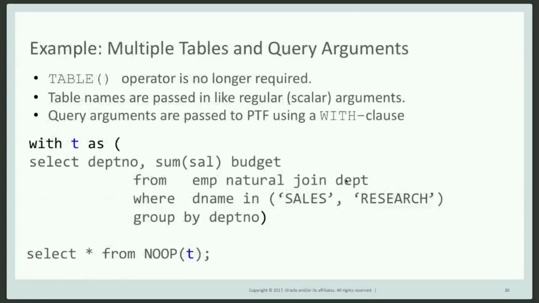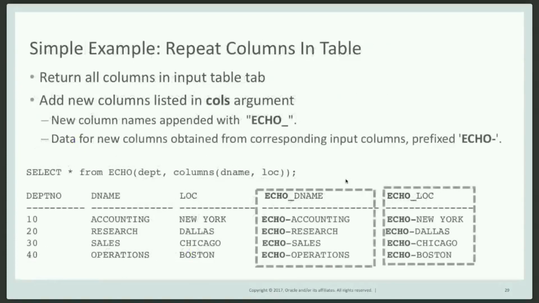So the table operator is no longer required. You can see here I've got select star from, and I'm going to call my polymorphic table function echo. My table going in is the department table from the Scott schema, and the columns I want to duplicate are the department name and the location.